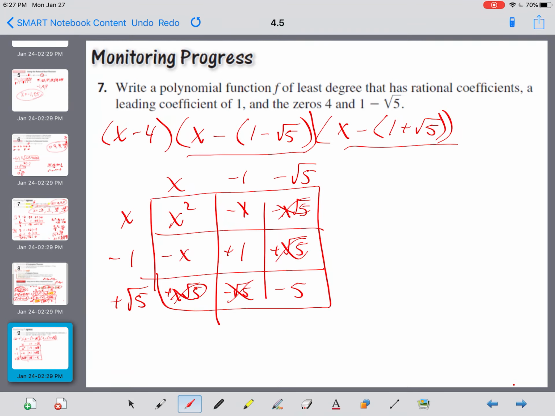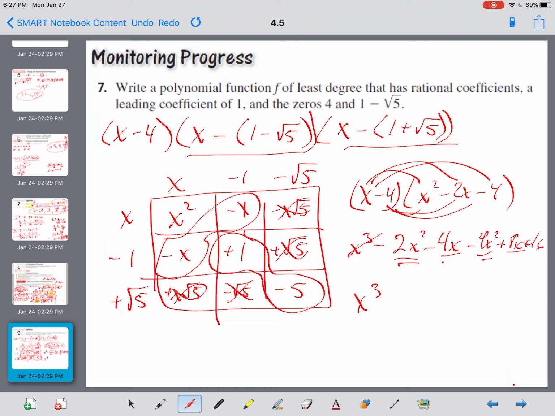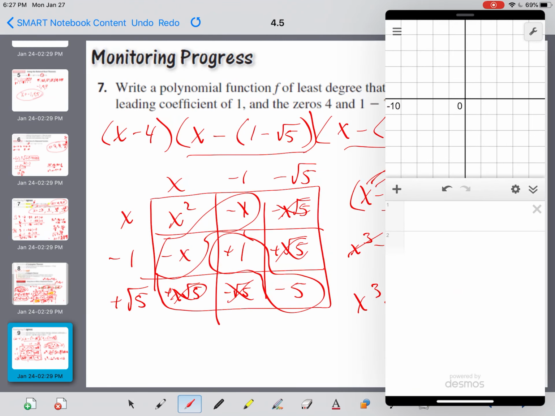If you want to do the box on this one again, box it again. I'm going to do linear. That's x to the third, negative 2x squared, negative 4x, negative 4x squared, positive 8x, positive 16. So x to the third, negative 6x squared, plus 4x, and 16.